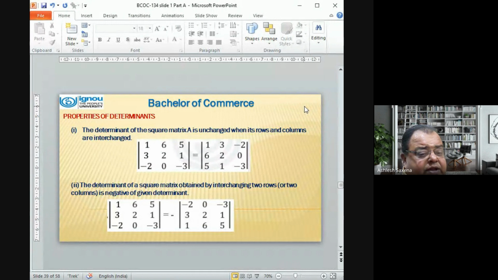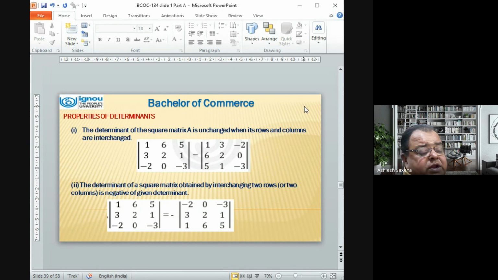Second one is the determinant of a square matrix obtained by interchanging two rows or two columns is the negative of the given determinant. When you are interchanging rows with columns, you have to introduce a minus sign, a negative sign in front of the matrix.